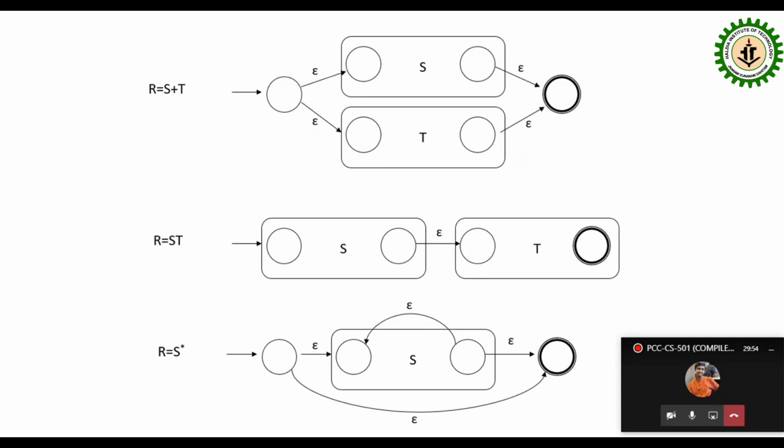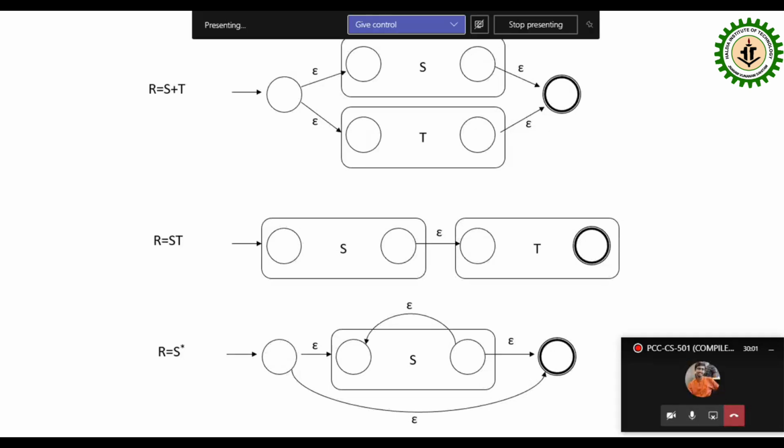By using null transitions, you find out how to get S plus T. Starting from the start node, for epsilon you go to the first node of S, and for epsilon you go to the first node of T. From the last node of each, for epsilon you reach the final state. So that is the basic structure to get the null NFA for R equals S plus T.